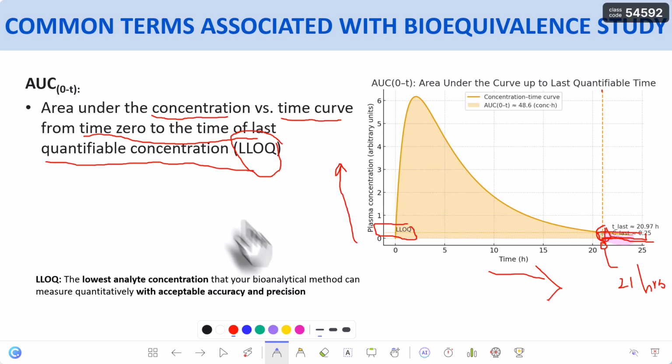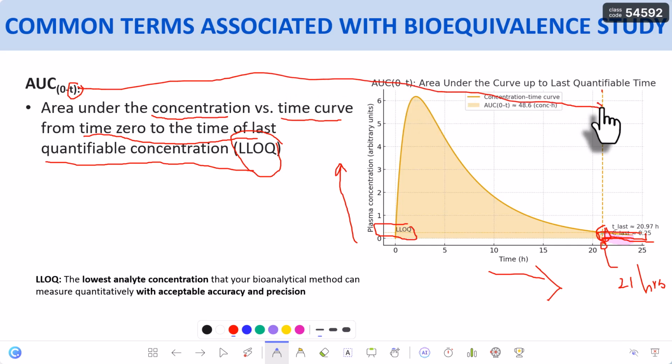I hope you are clear about this T time. That time is defined over here: the time at which the last concentration is measured is called the T last.